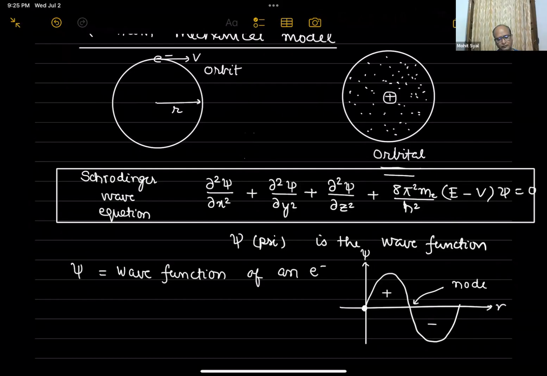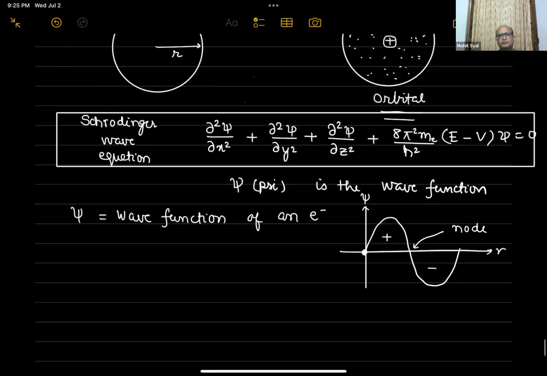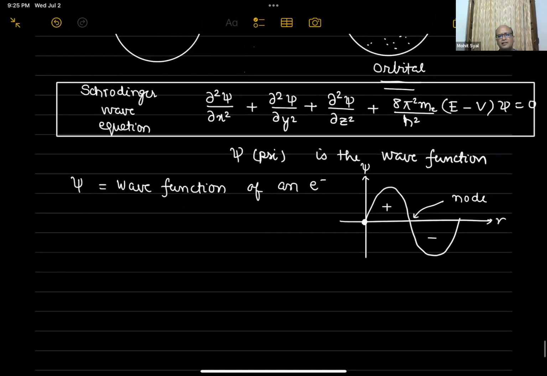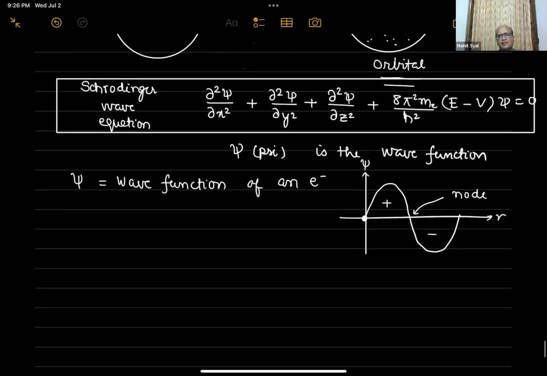So this is the equation of the orbital, basically, and how the orbital wave changes with the distance from the nucleus is called the wave function. Each electron has a corresponding wave function, because it is a wave, meaning the equation of the wave. Overall, it is of no use for us directly, because ultimately we are interested in finding the position of the electron.